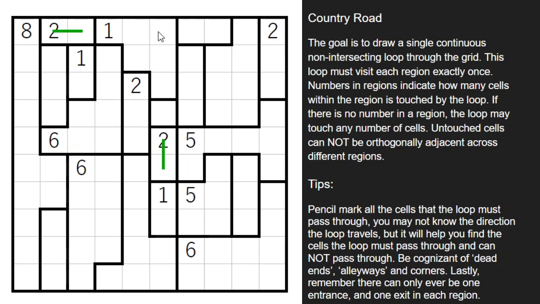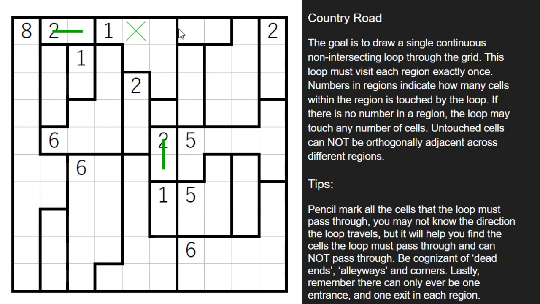The one cell region up here, or this one clue for this large region, is interesting because we know it can never touch this cell, right? For the loop to touch that cell, it would have to touch more than one cell in the region. So that's not going to work. Same thing with this cell here, right?